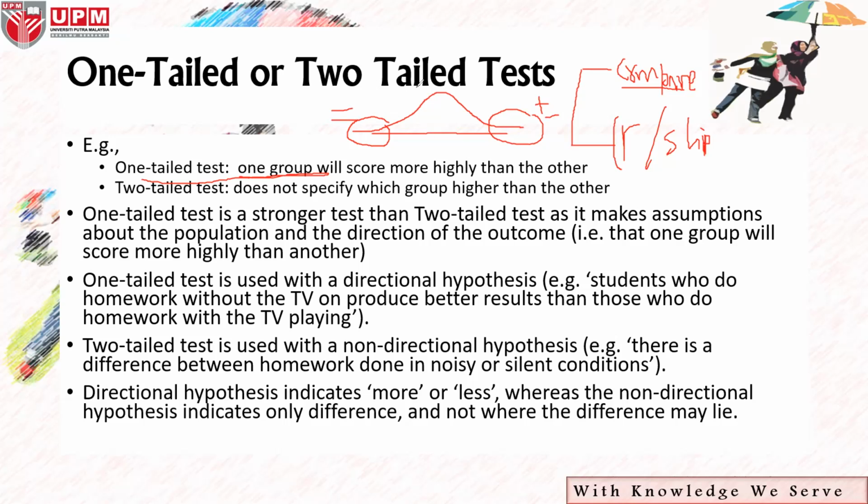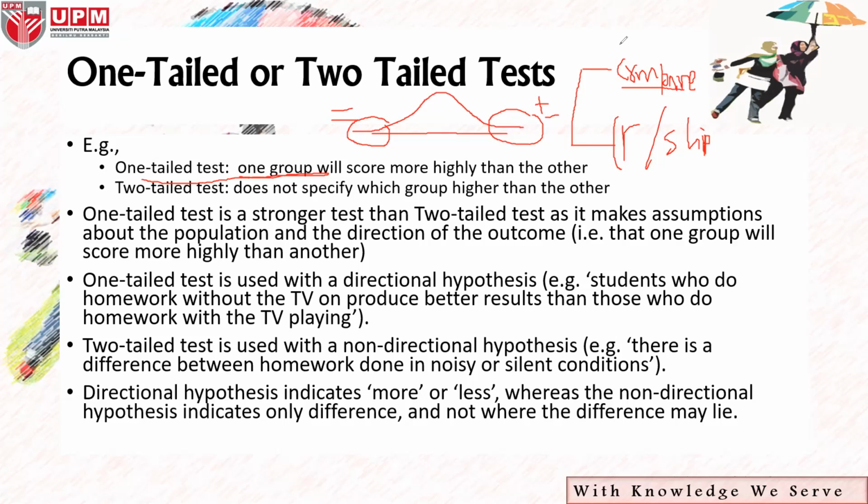How to decide negative or positive? How to decide whether it is one tail or two tail? Refer to the theory or your literature. How you can propose whether the hypothesis is one tail or two tail: refer to your literature. If the majority of past studies indicated that the relationship is positive, then you may propose a one tail hypothesis.